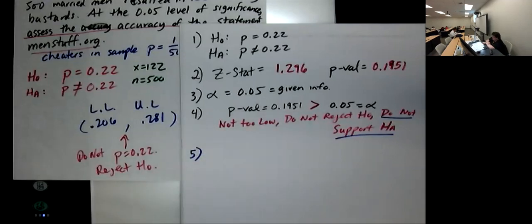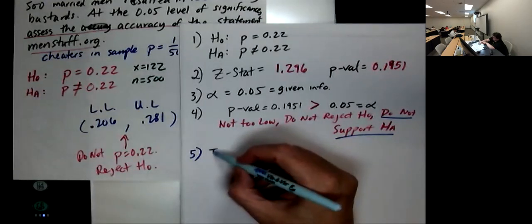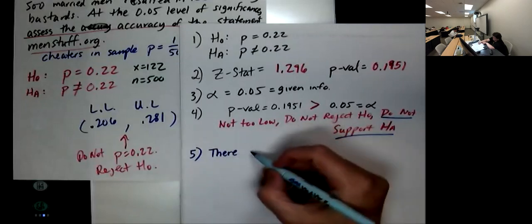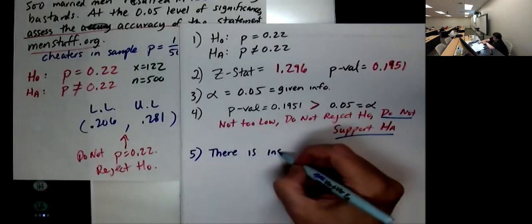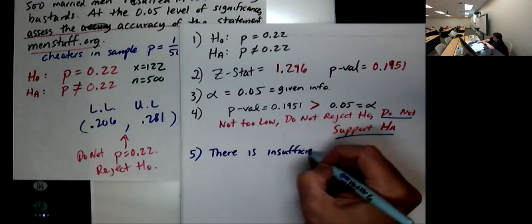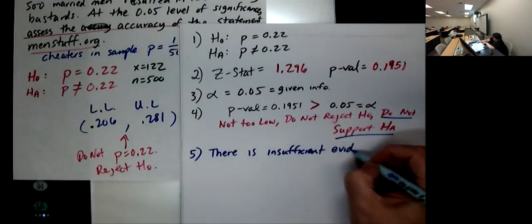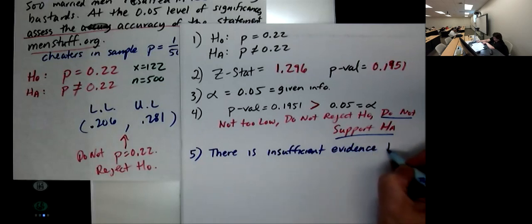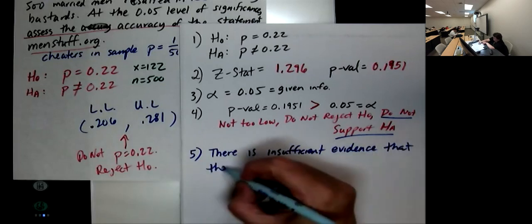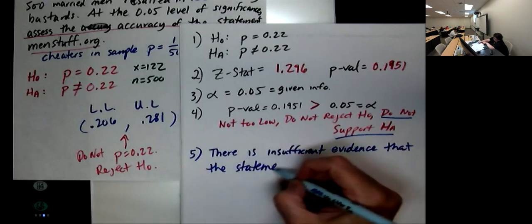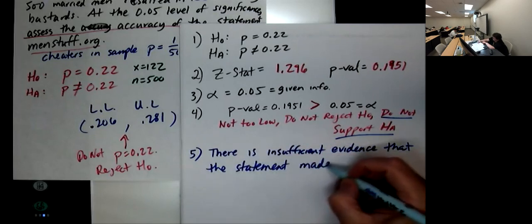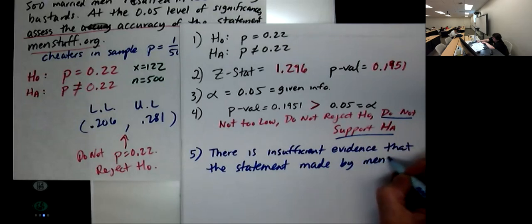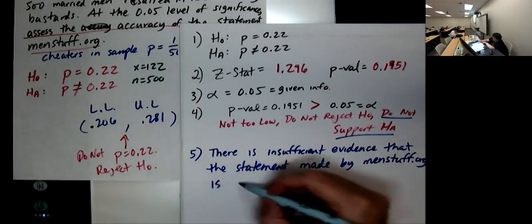We don't want to support HA, which means in this case, there's insufficient evidence that the statement made by minstuff.org is inaccurate.